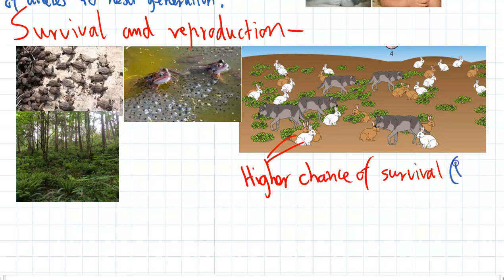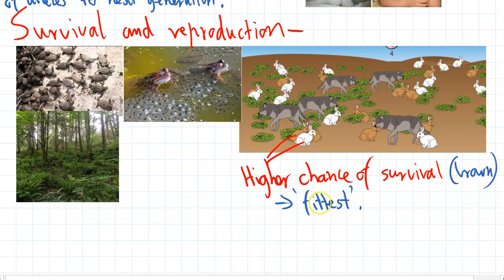So the high chance of survival was the brown, and that means they are the fittest. And remember, fittest just means you've got a better chance of surviving, and that means there's more of a chance that you'll breed and you'll have children to pass on your genes and continue the population. So that's why the phrase survival of the fittest came about.